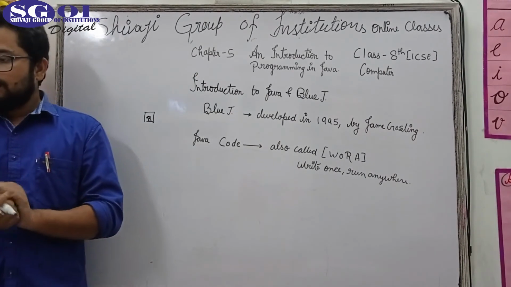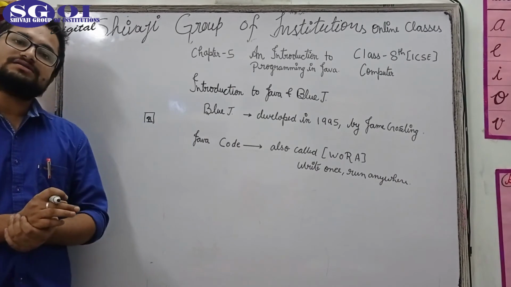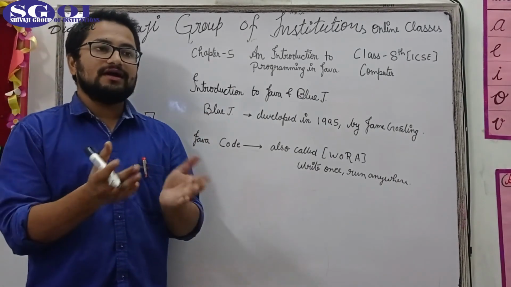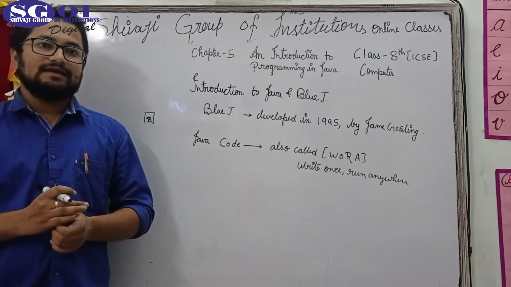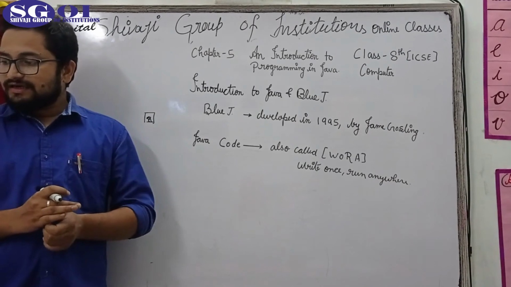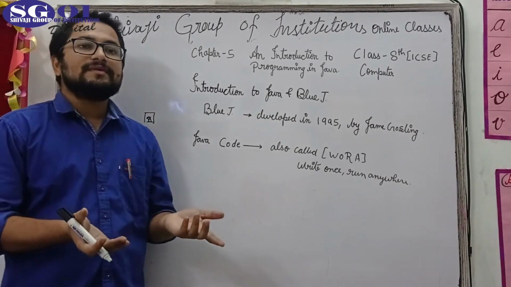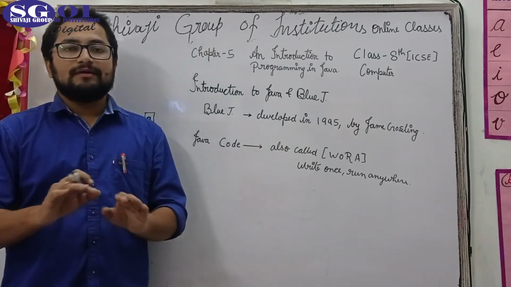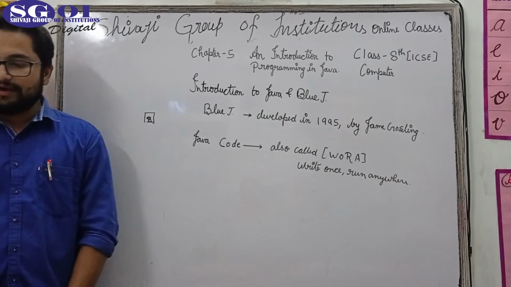Moving further, a new window appears. Click on the new class button. जब एक नया विंडो खुलेगा प्रोजेक्ट का, उसमें आप क्लिक करोगे किसमें? न्यू क्लास बटन पे. Then after clicking on the new class button, enter a new class name in the create new class dialog box and click on the OK. नॉर्मल सी बात है कि अगर आपने न्यू क्लास में क्लिक किया है तो आपको फिर से क्लास का नेम देना होगा और उसके बाद you will click on the OK button.